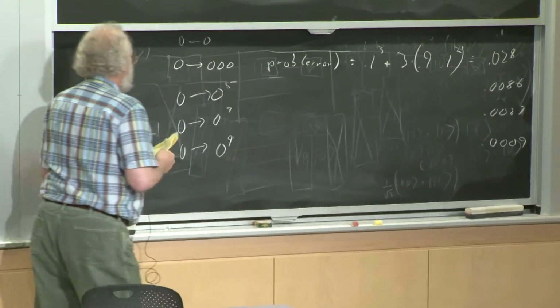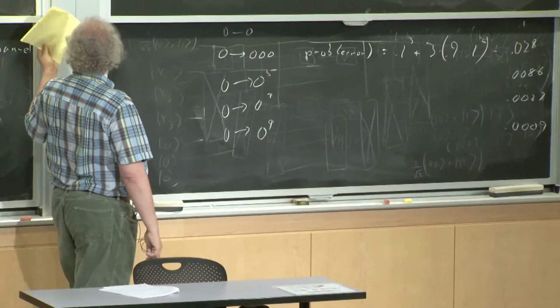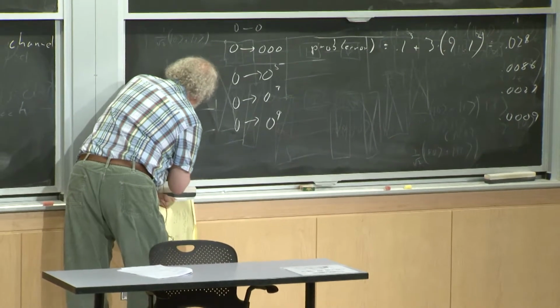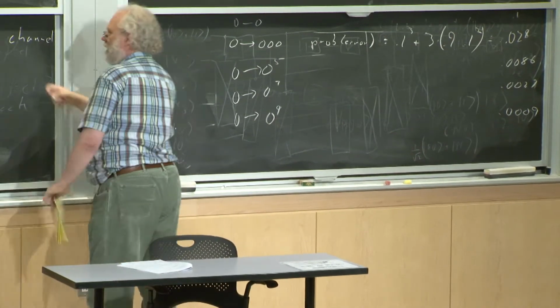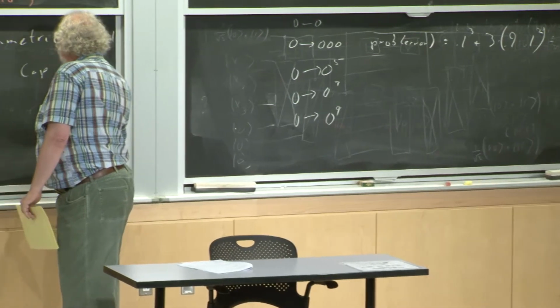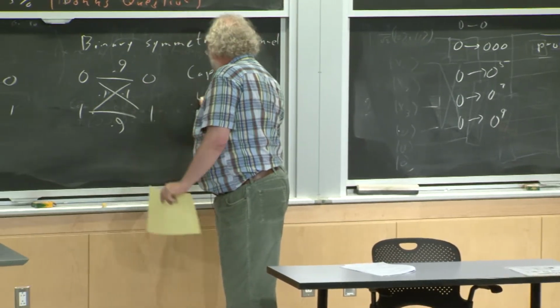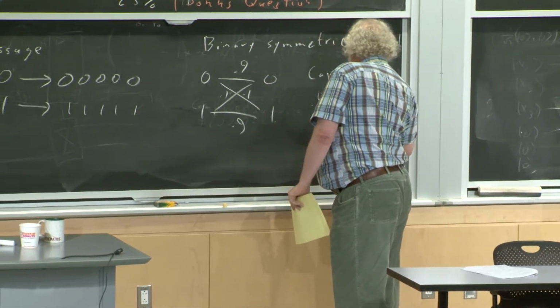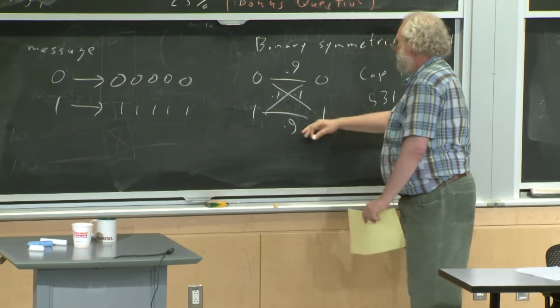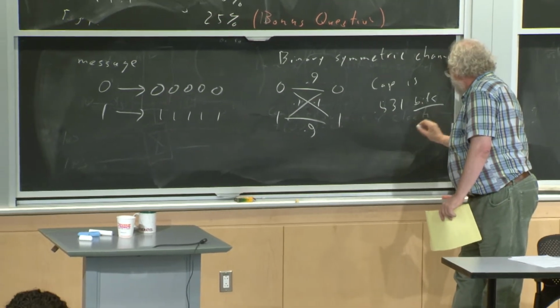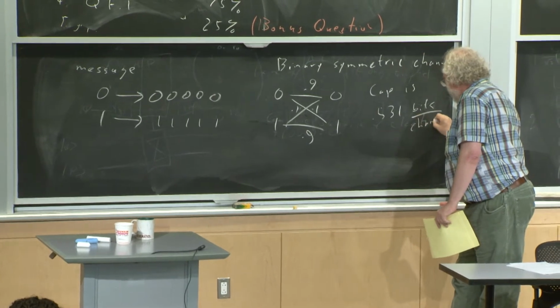So for the binary symmetric channel with error probability 0.1, the capacity is 0.531 bits per, I guess, channel use.